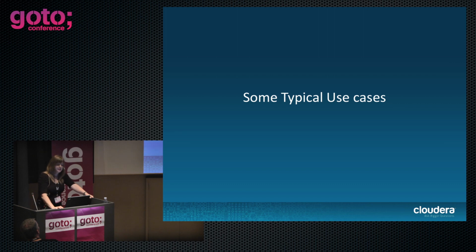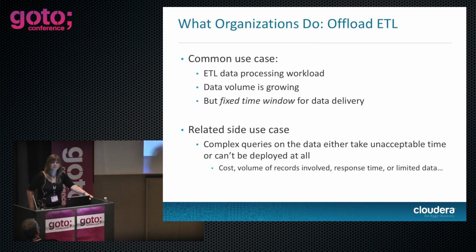Some typical use cases. The most common one, that we have many Fortune 500 companies running in production today, is to look at your infrastructure, realizing your data warehouses are great, but you can't scale with the load that's coming. And often there's a fixed time window involved when they say, okay, let's go into Hadoop land.